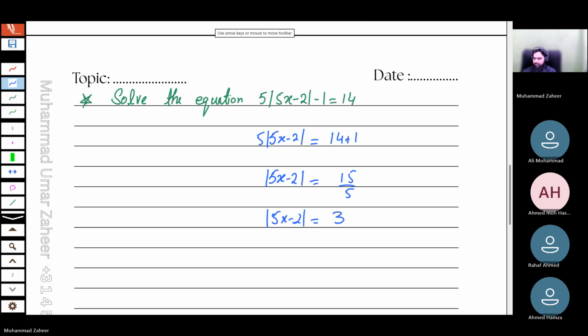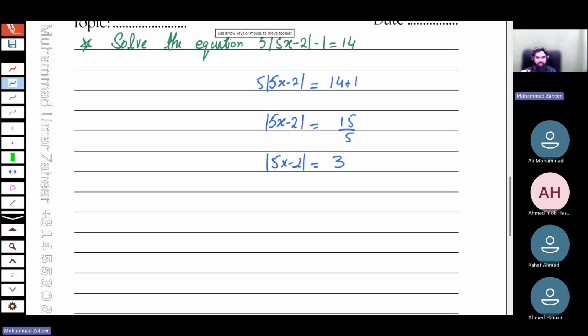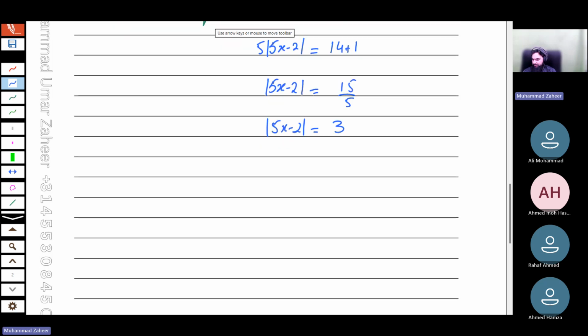Now there is a modulus here. Always remember that when you are removing a modulus sign, you will get a positive and negative sign with it. Like you have positive and negative: 5x minus 2 is equal to 3, because you know that the modulus changes the negative or positive values into the positive one. So we are not sure whether it will be a positive value or negative value, same as a square root.